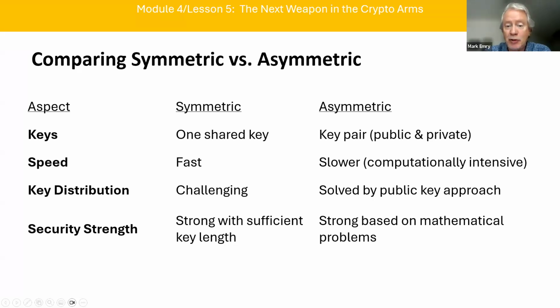The key distribution for symmetric key is challenging. Asymmetric does solve that with the public key approach. And strength, symmetric is strong with sufficient key length. Asymmetric key cryptography is strong based on mathematical problems.